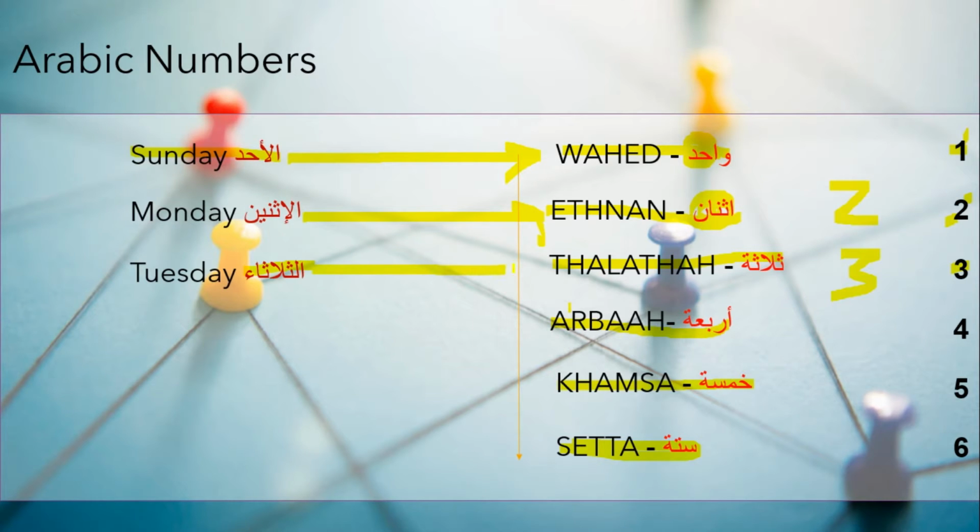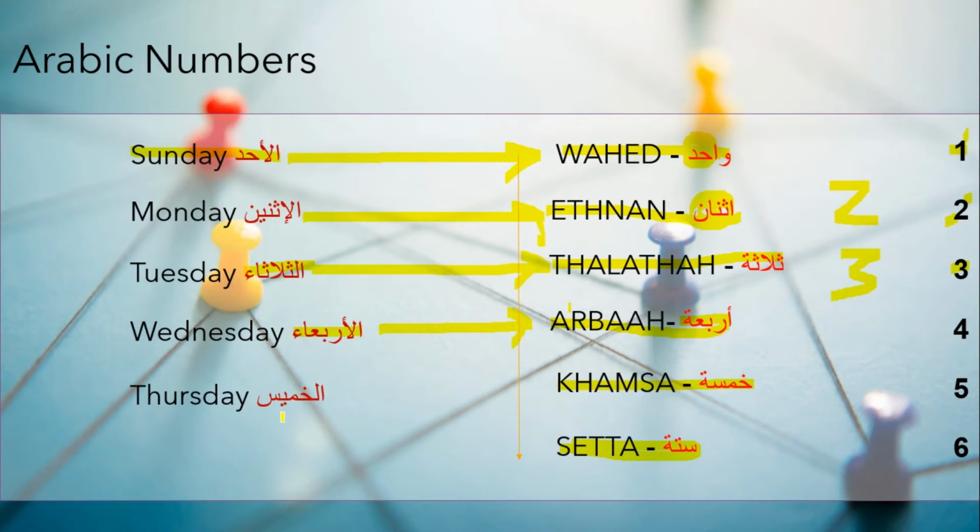Then al-thulatha, Tuesday. As you can see here, thalatha, but we just added al, and then we wrote the letter in such a way to have it unique, expressing the day of the week. Al-arbi'a, Wednesday. Thursday, al-khamis.